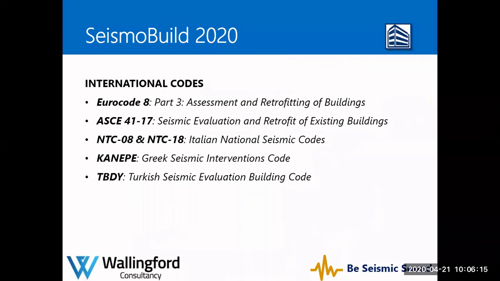We're going to use this code, ASCE 41-17, to assess the building. Also the Italian National Seismic Code, NTC 2008 and 2018, the Greek Seismic Intervention Code, and the Turkish Seismic Evaluation of Buildings Code.